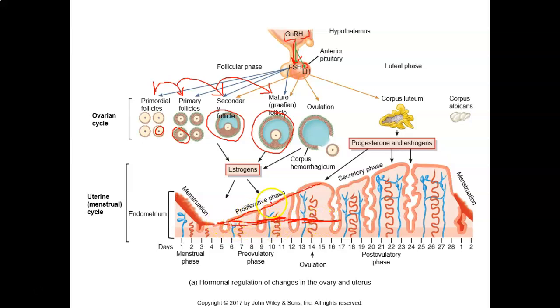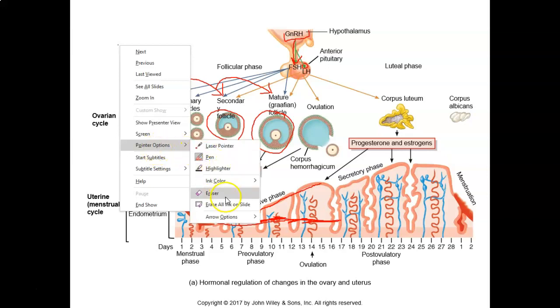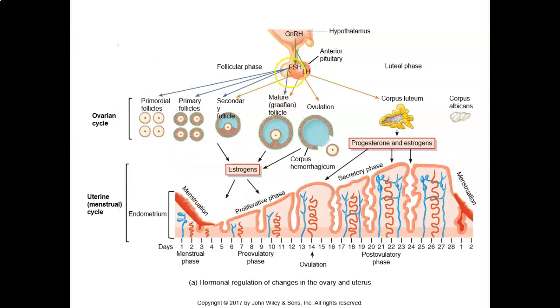You wouldn't see it thicken like this. But fortunately, because of the production of FSH, that in turn stimulates the follicles to mature. As the follicles mature, they then release estrogen. That estrogen then causes the uterine wall, or the endometrium, to thicken.